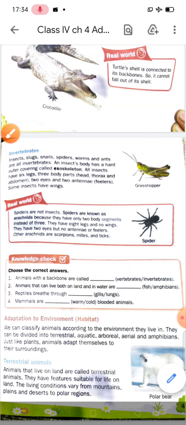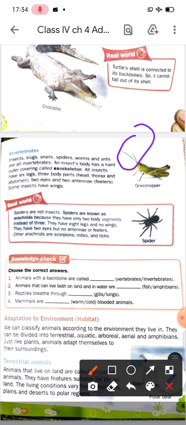You can see here, this is the antenna, or you can say feeler. Feelers means to feel, like your skin. What is the function of the skin? To feel things, whether it is hot or cold. In the same way, these antennae help the insect to sense things.